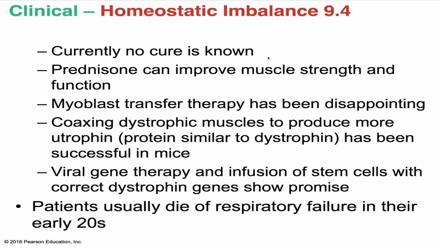Utrophin is similar to dystrophin, and this has been successful in mouse models, as utrophin has been shown to compensate for dystrophin deficiency in mice. Viral gene therapy and fusion of stem cells with correct dystrophin genes is also showing some promise. Within the next 10 years or so, perhaps sooner, we'll be able to see where they are with that. Unfortunately, patients usually die of respiratory failure, usually in their early 20s.